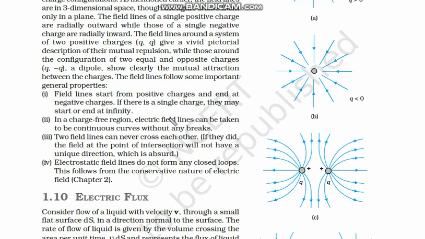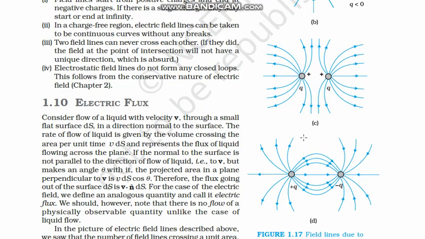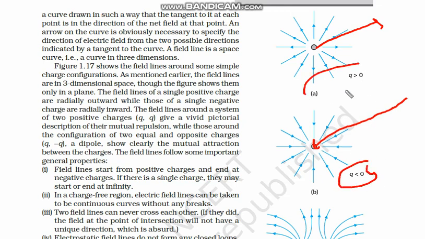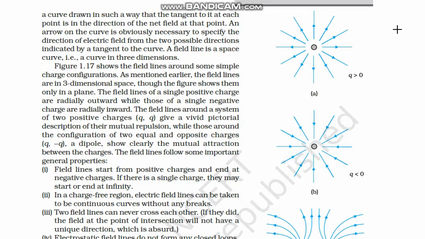If there are both positive and negative charges, field lines start from the positive charge and end at the negative charge. If there is no other charge, that means either a positive or a negative charge, field lines start from that point and go to infinity, or field lines come from infinity to that point, depending on the nature of the charge, negative or positive. So this is the first property associated with these field lines.